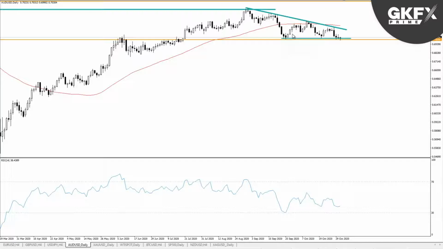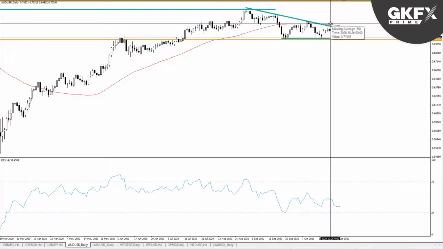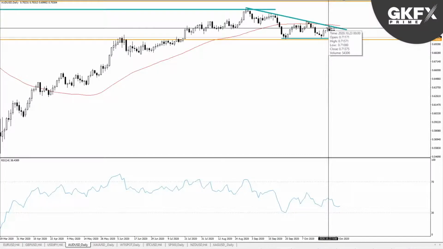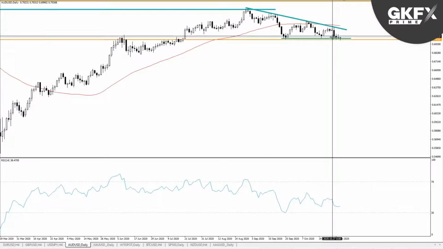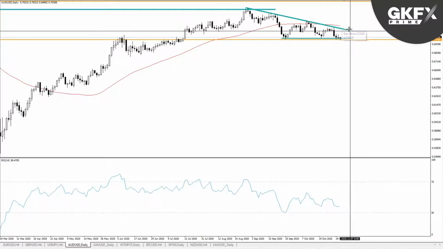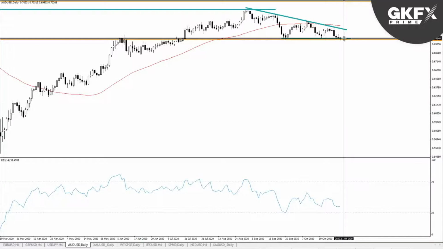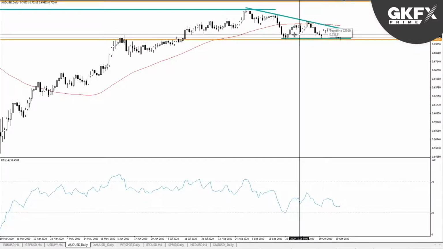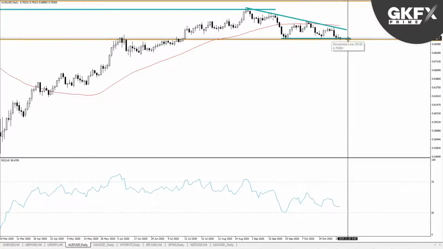So we tested it once here, we got as far as 0.72, and then dropped down again. Then we got to 0.7150. We've dropped again. Maybe we get up to test the declining trend line again, or maybe not, and we just fall through it because sellers are driving prices lower, buyers just about holding on to the same consistent level here.